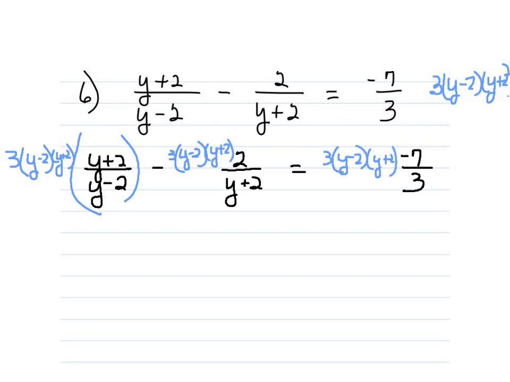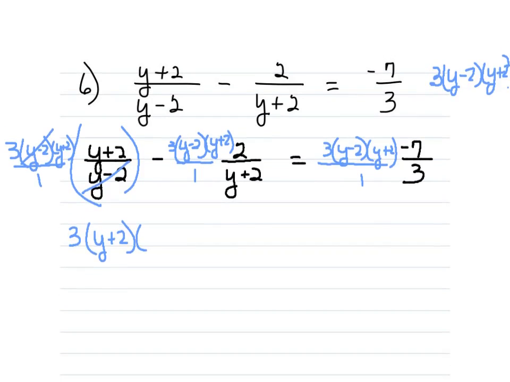Okay. What this does, again, is we want to cancel out and eliminate all of the denominators and have an equation that we can solve without dealing with denominators. So y - 2 eliminates y - 2, and I'm left with 3 times (y + 2) times (y + 2).